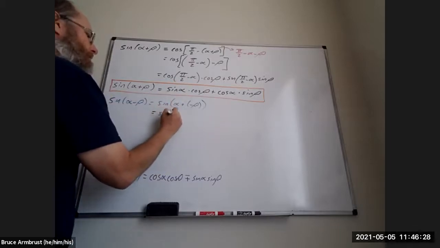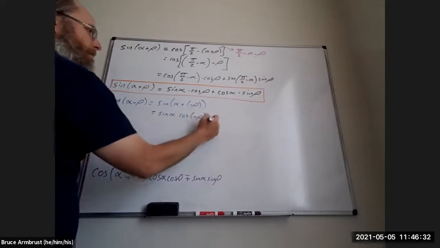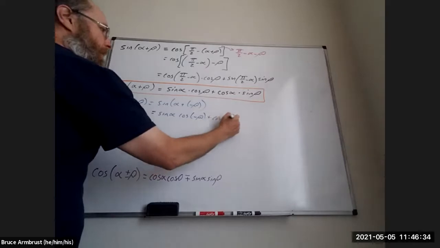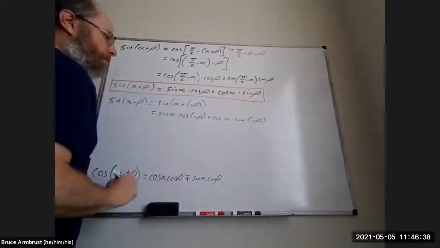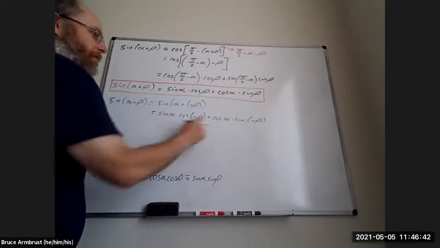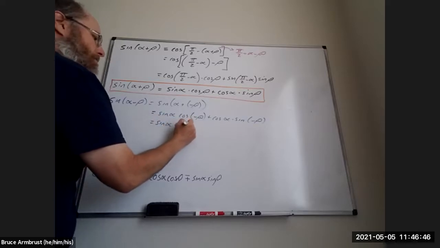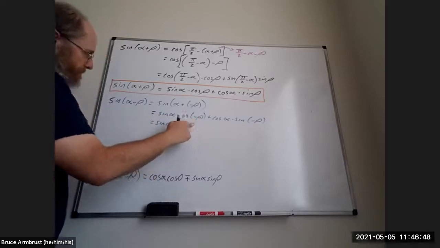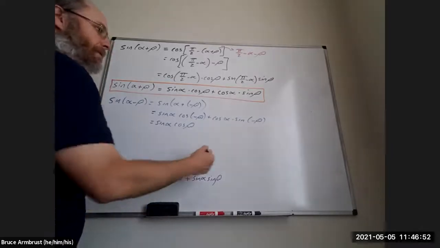So we're going to get sine of alpha cosine of negative beta plus cosine of alpha sine of negative beta. We'll use the even-odd properties again. Cosine of negative beta is the same as cosine of beta because it's even.